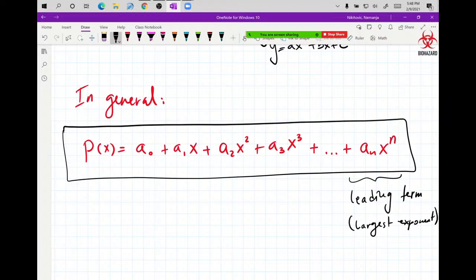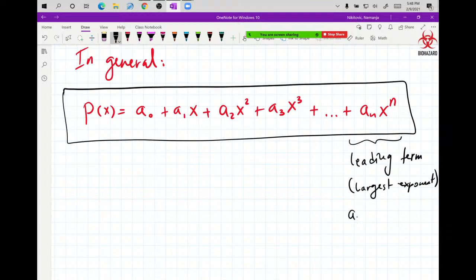So we can write it there: leading term, and then an is the leading coefficient. That term has to exist, and it determines what we also call the order of the polynomial.